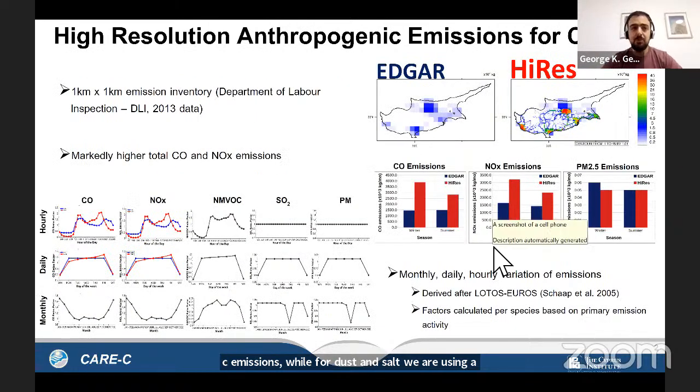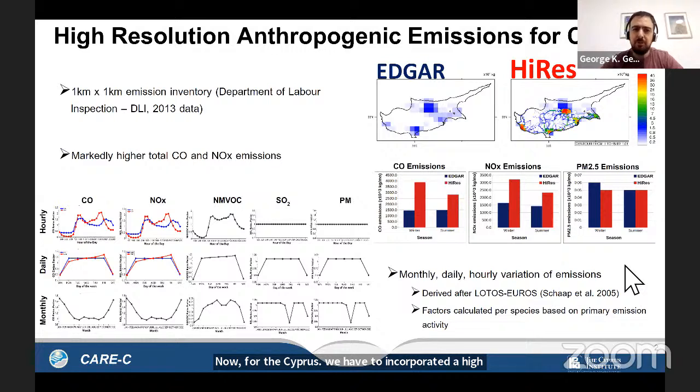For the island of Cyprus, we have incorporated a high-resolution anthropogenic emission inventory from the official authorities of Cyprus. We got an emission inventory at a horizontal resolution of 1 by 1 kilometer, and we upscaled it to 2 kilometers, which is our innermost domain.